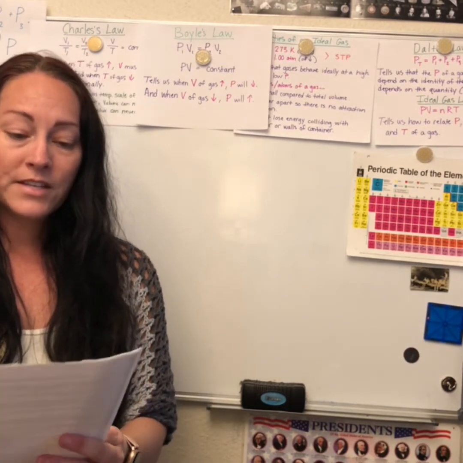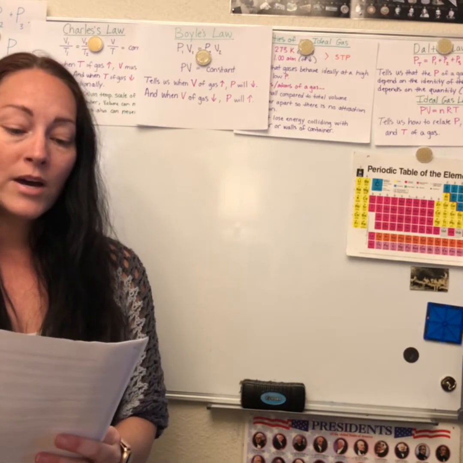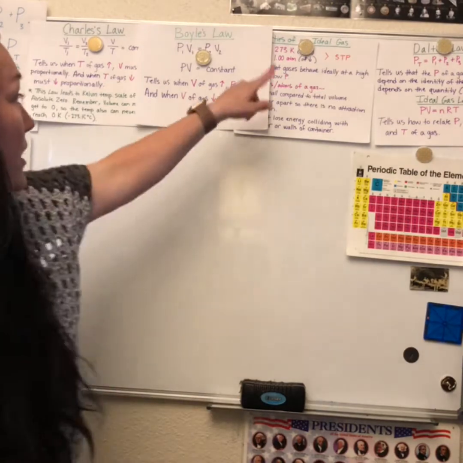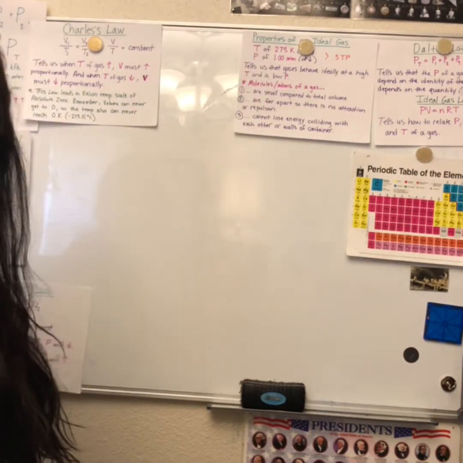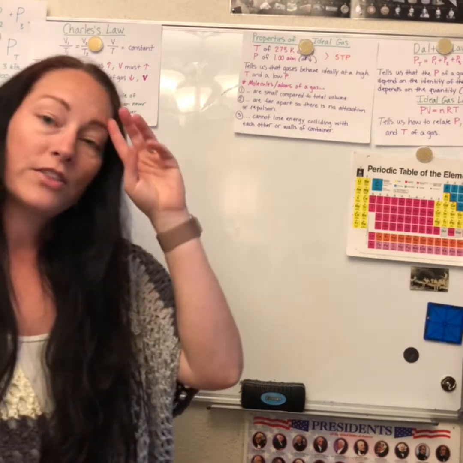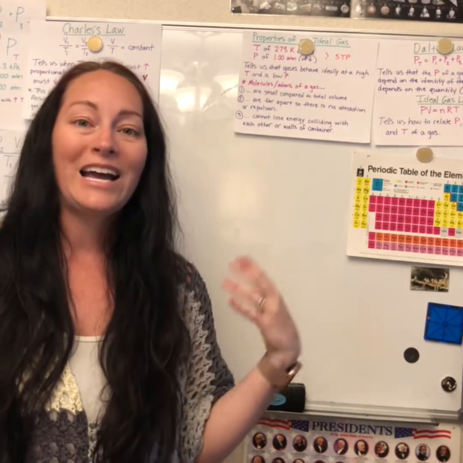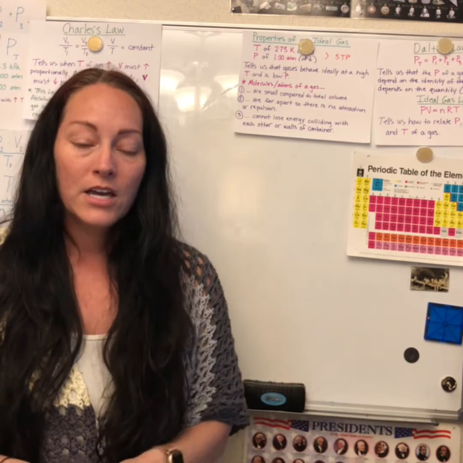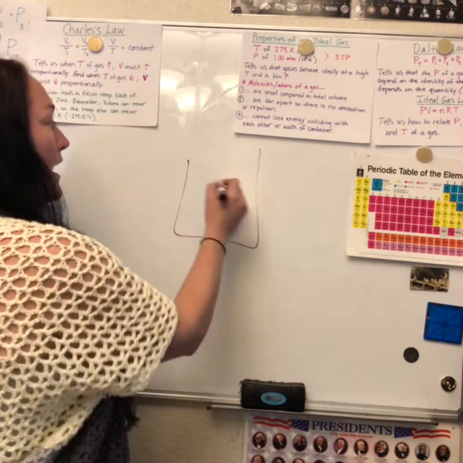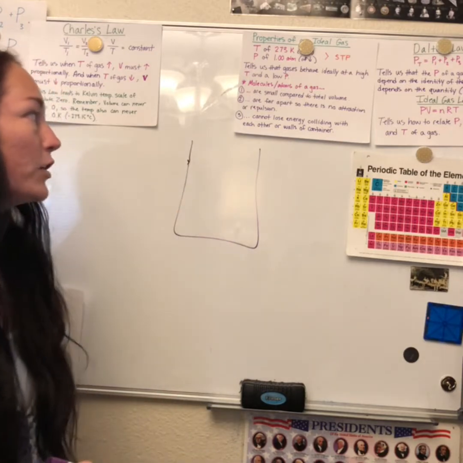Number 5 says, what are the properties of an ideal gas? So, right here, let's move this guy over. Properties of an ideal gas. So we're talking about the 3 different things. What makes a gas ideal to work with, okay? So there's 3 different things. So the first one, let's say I have a volume here.